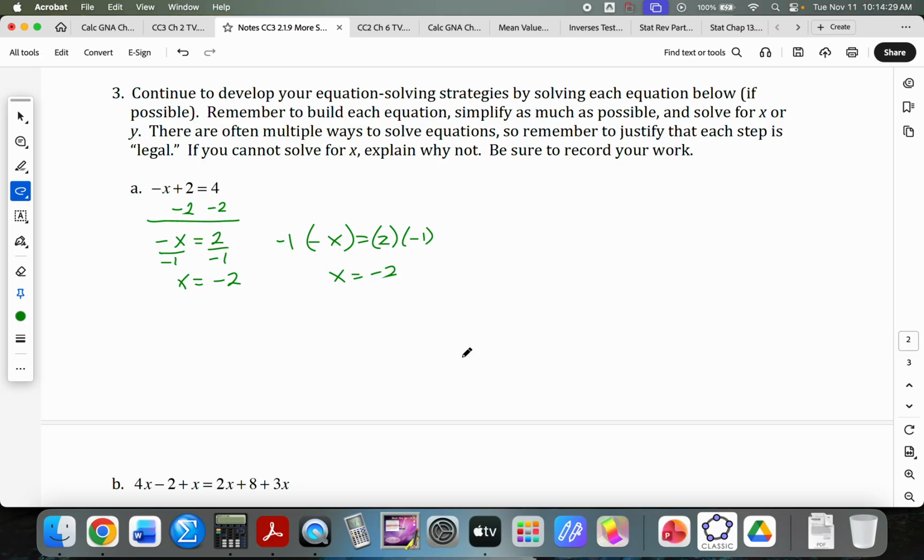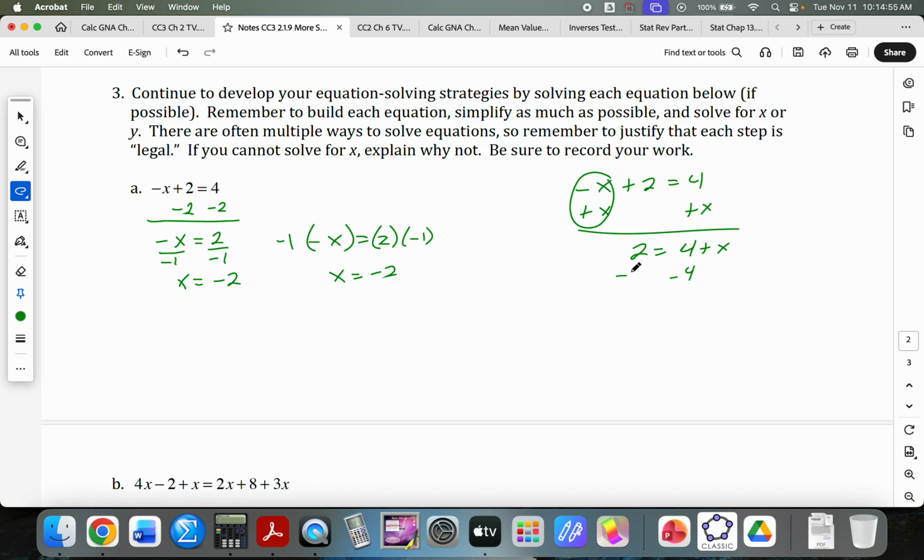If the negative x gives you grief, let me give you an alternative to this. Make a zero pair out of the x's by adding x to both sides. And you get 2 is equal to 4 plus x. Now the x is positive.